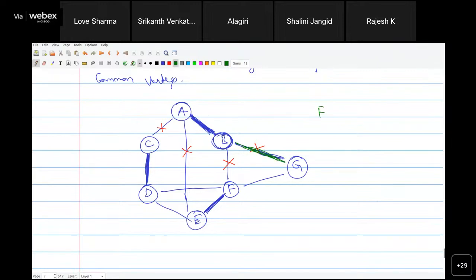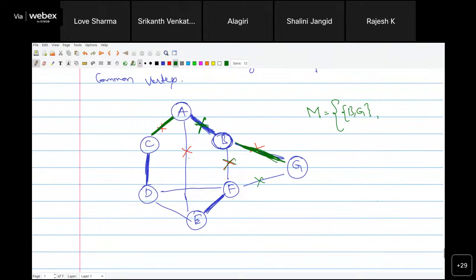So my M, I have to build. I pick edge BG. Once I pick edge BG, I'm not allowed to pick this and this. Once this is done, again I will pick the edge that is leastly connected. So I can pick AC.